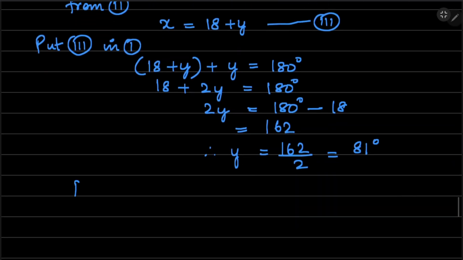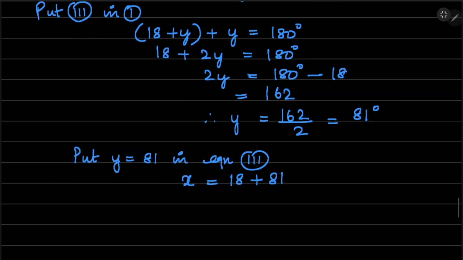Then you can put y equal to 81 in equation 3, and you can get x. So what is x equal to? 18 plus 81, which is 99. Therefore, x is 99 degrees.